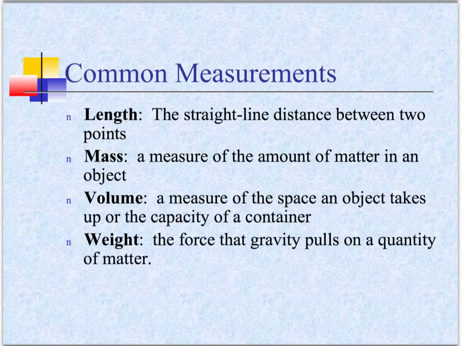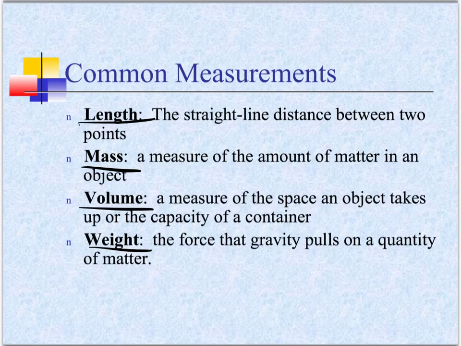Okay, common types of measurements. You're all familiar with length, mass, volume, and weight. So you know length is the straight line distance between 2 points. Remember, mass is the measure of the amount of matter in an object. Mass never changes.